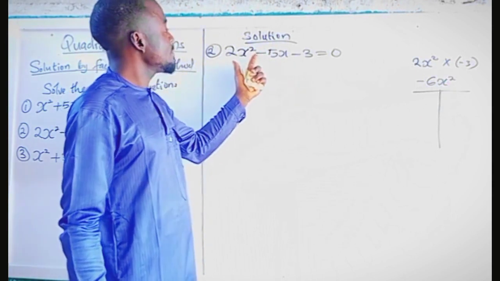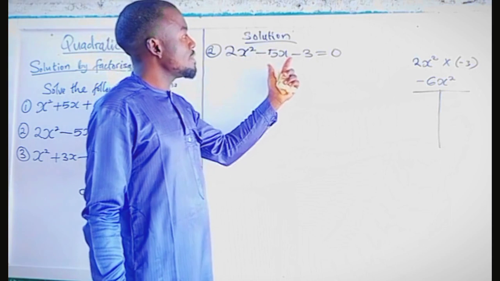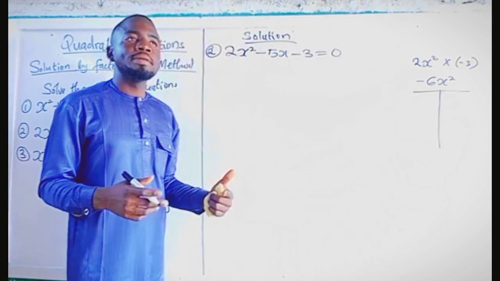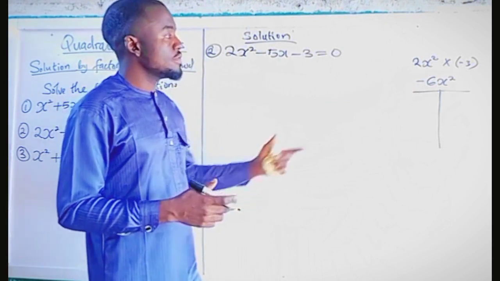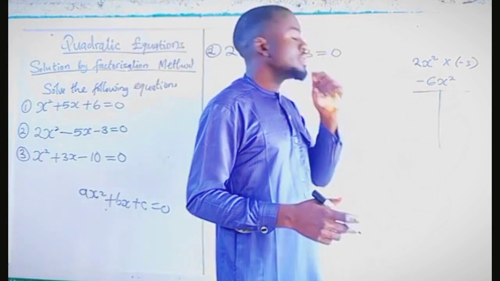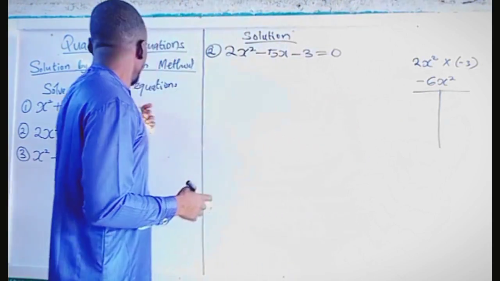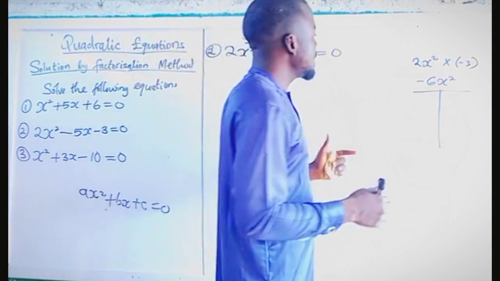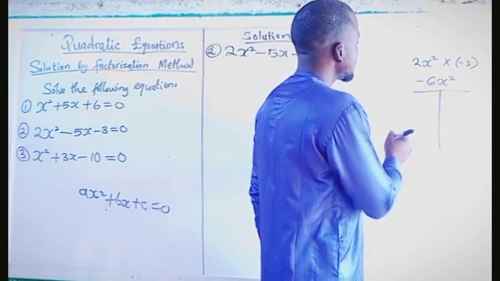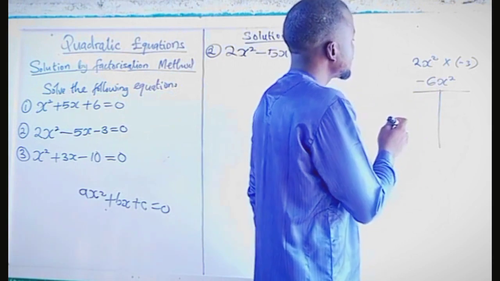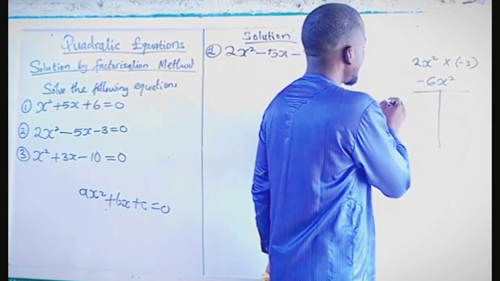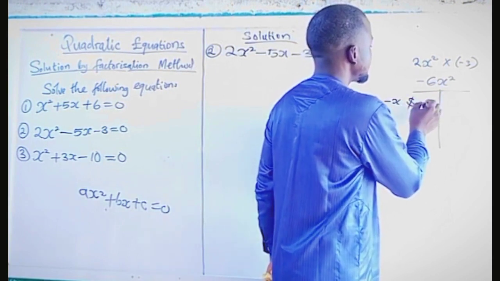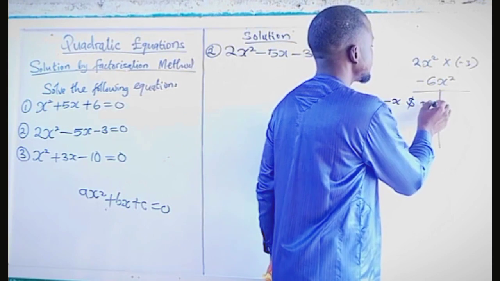Now, because we have a minus here and we have a minus here, we are definitely going to consider negative factors of minus 6x squared. Unlike in the first one, where it was all positive, so I considered only positive factors. So now let's look at it. The factors of 6x squared: first, we have minus x and plus 6x.